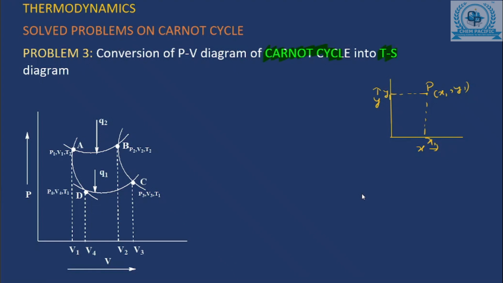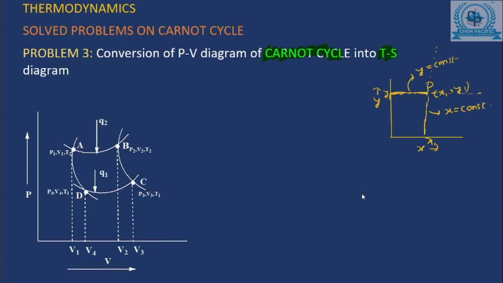Now, whenever any line is parallel to the x-axis, the y value is constant, and if a line is parallel to the y-axis, then you have the x value to be constant.